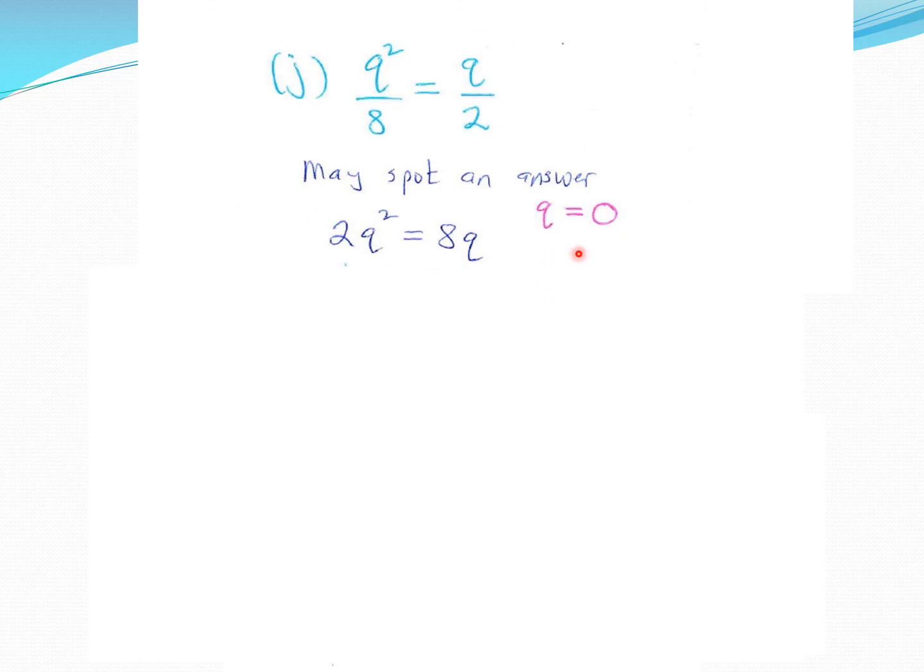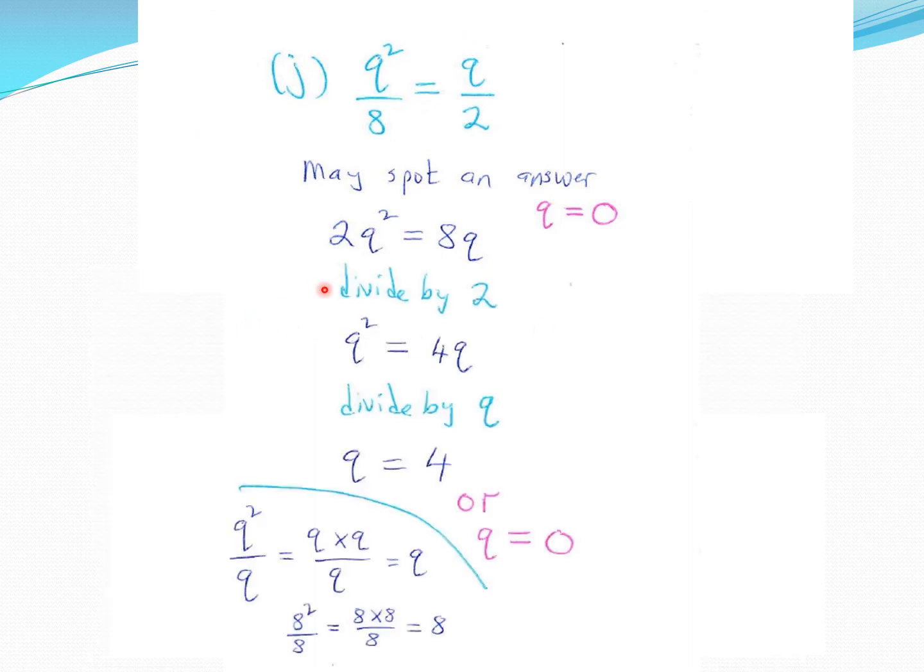But there might be another answer, because when you have a q squared, sometimes you do a square root and you end up with two answers. So because of the square, we expect a second answer. To get that second answer, we take this equation, divide both sides by 2, and we get q squared equals 4q. And then, this is a new experience for us, we can divide both of these sides by q.